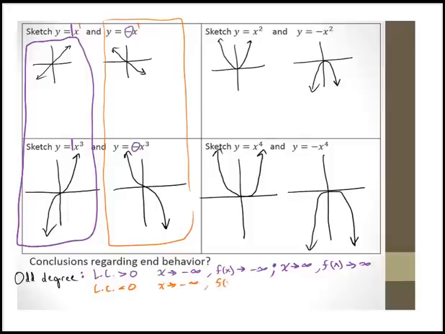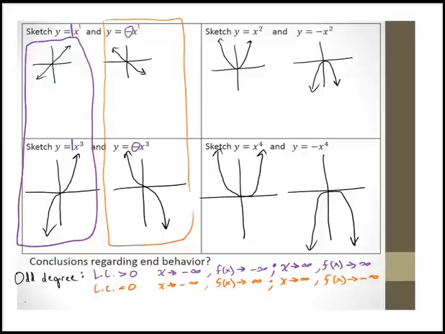F of x approaches positive infinity. And as x approaches infinity, f of x approaches negative infinity. So one thing that's important about odd degree polynomials is their end behaviors are different on the left and right.